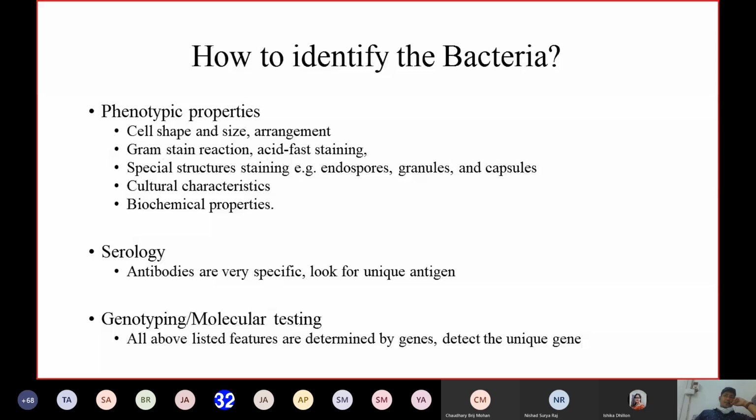Similarly, Streptococcus pneumoniae makes very peculiar draughtsman-shaped colonies. We'll see the pictures later. So here you have to understand that cultural characteristic is also unique for different bacteria, and so are biochemical properties. Here, what we are checking is whether the bacteria are able to ferment any of the sugars.